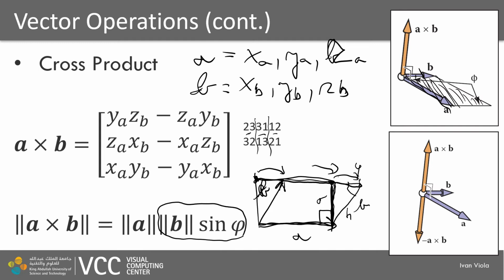So we will get a different result if we do the cross product of A with B and of B with A. The vector itself will be more or less the same and have the same magnitude, just pointing in a different direction. B cross A is equal to minus A cross B.